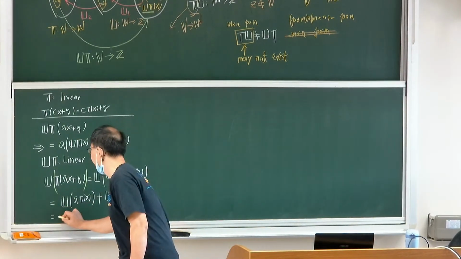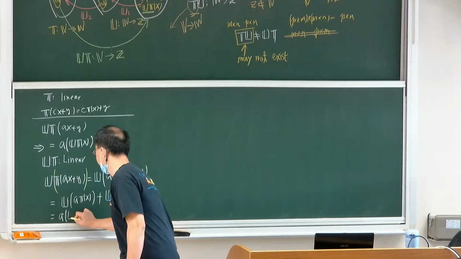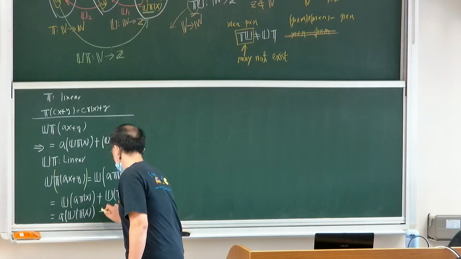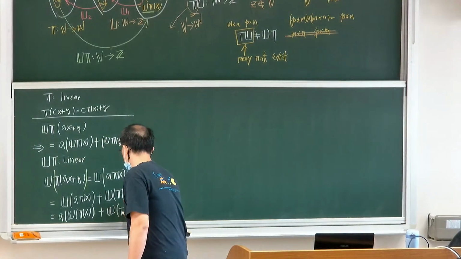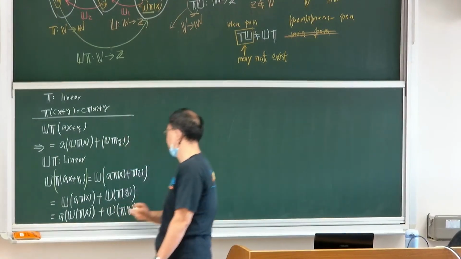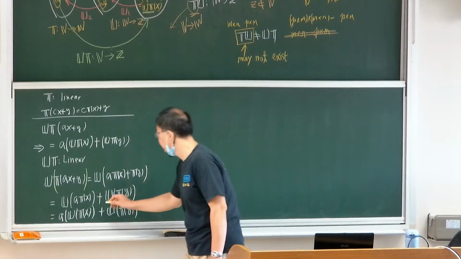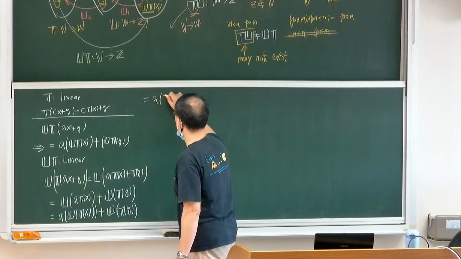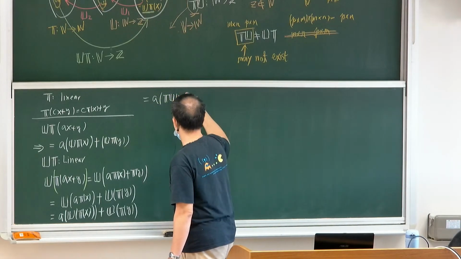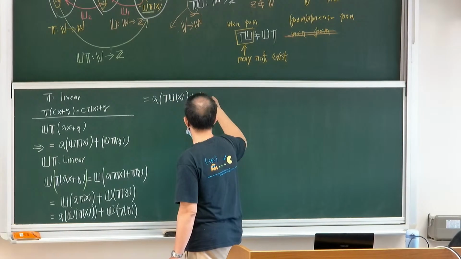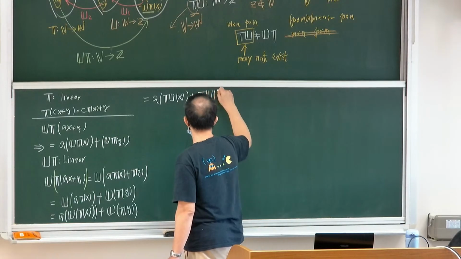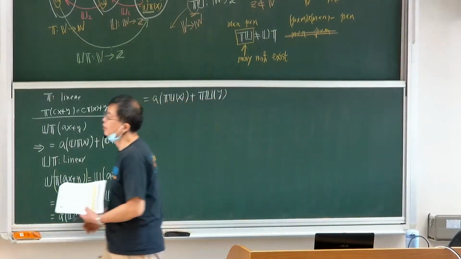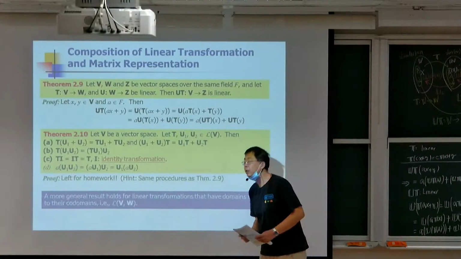So I have A times U of T sub X plus U of T sub Y. Then we can put them together: A times T of U sub X plus T of U sub Y. So I get this result, and I prove that this transformation is linear. Okay?